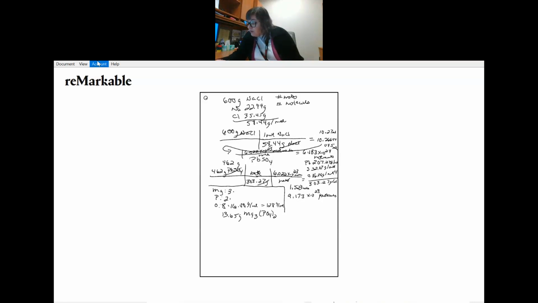So magnesium is 24.31. And phosphorus is 30.97.